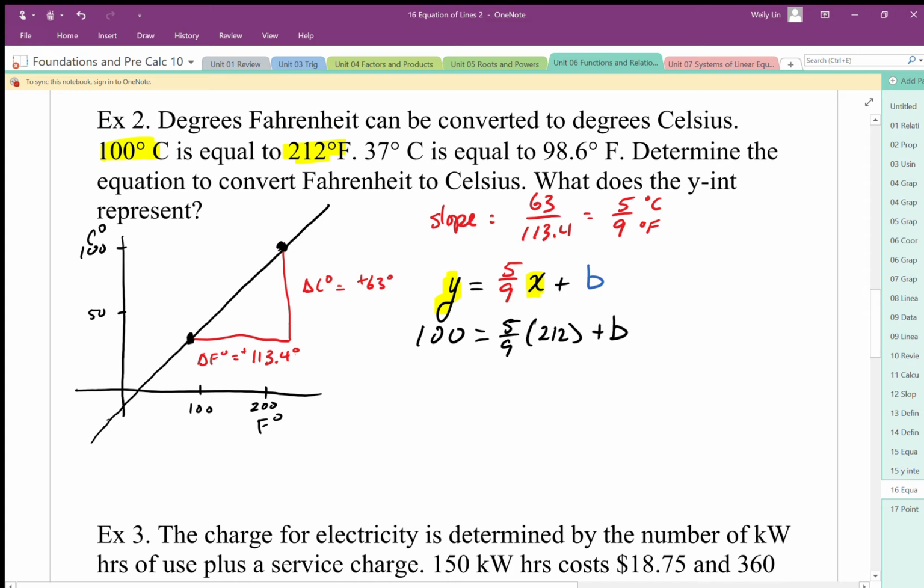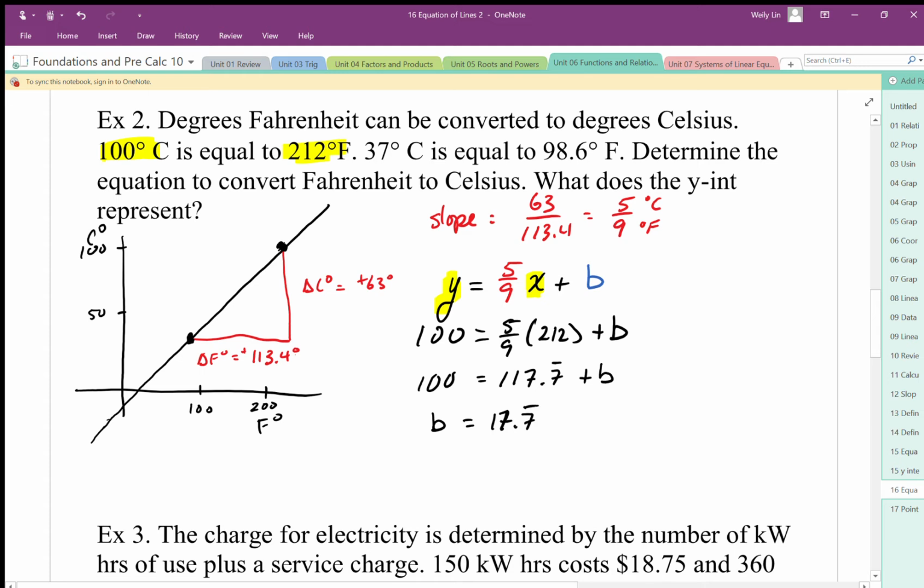Okay, so then multiplying that out, I get 100 equals 117.7 repeating plus b.